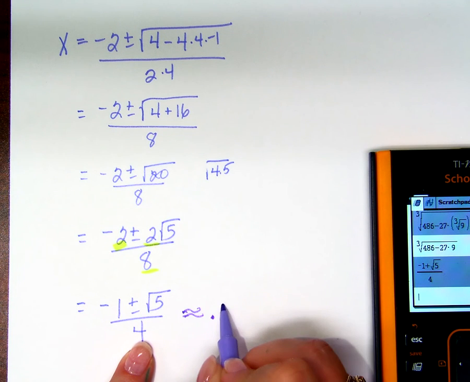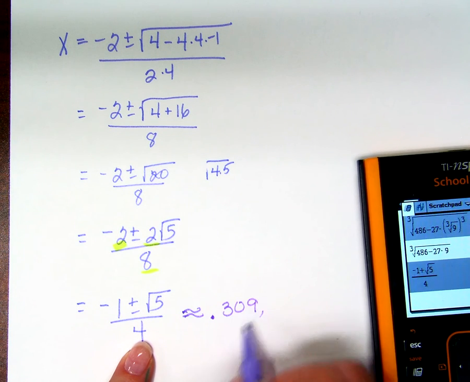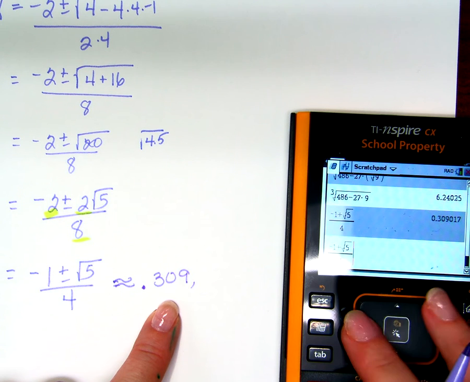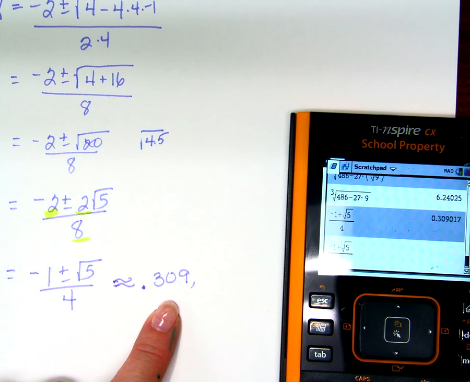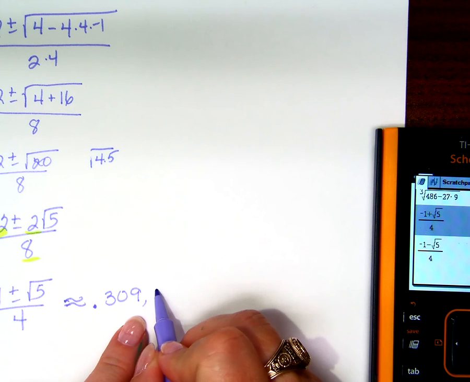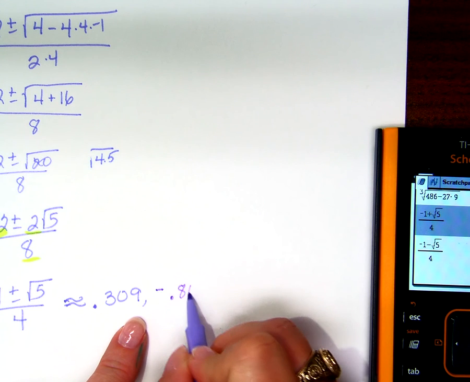which gives me approximately 0.309, and then minus, same thing except minus, -1 minus the square root of 5 over 4, which gives me approximately -0.809.